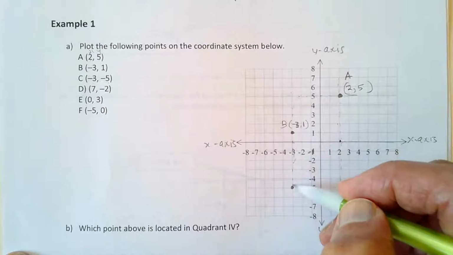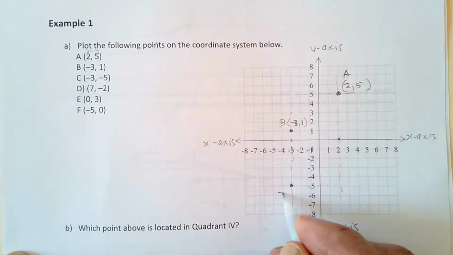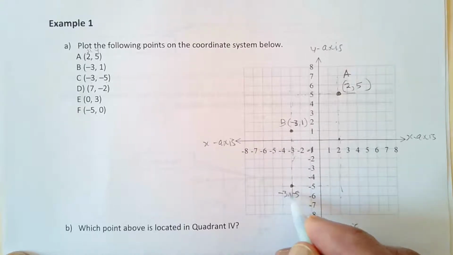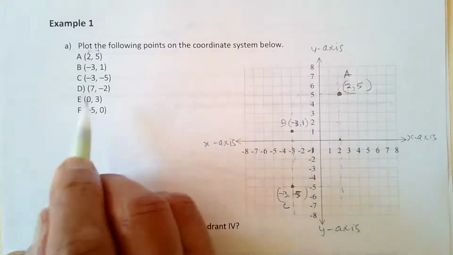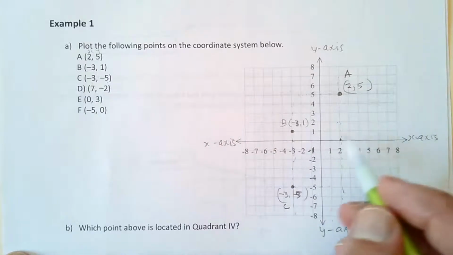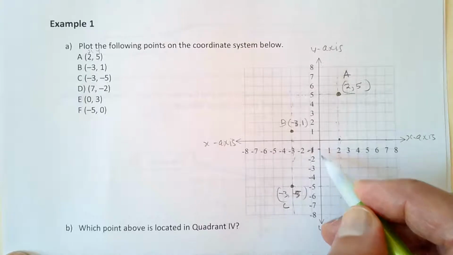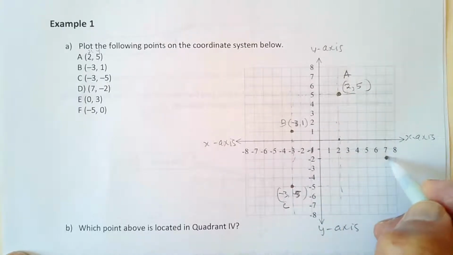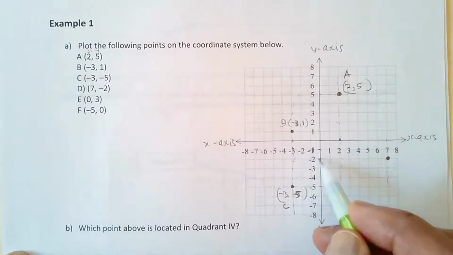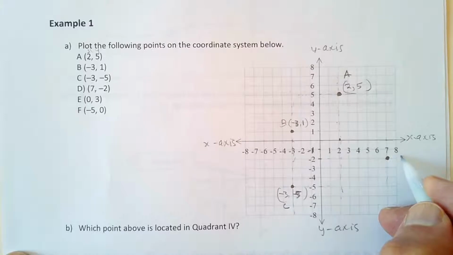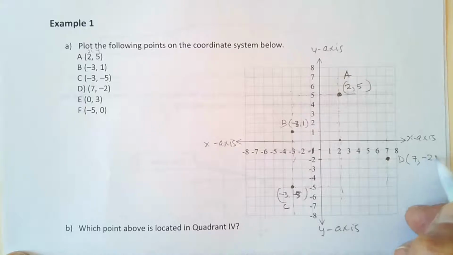Make sure we got this all nicely where they intersect. So we see D is 7, -2. So we go along 7. And -2 would be right there. So 7, -2 is the intersecting point. So it would be D, 7, -2.